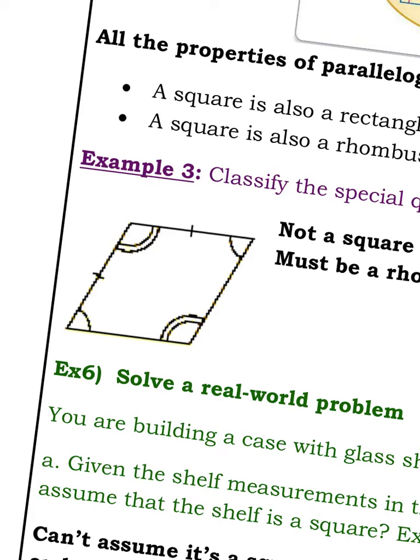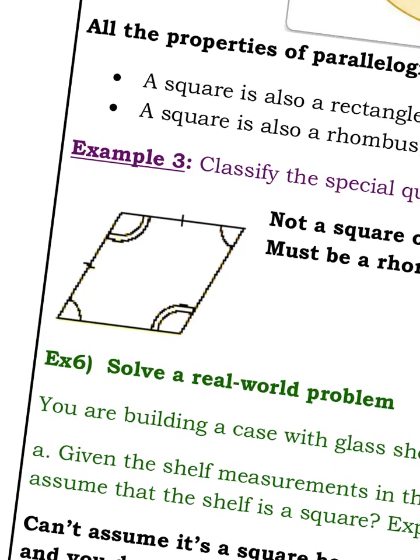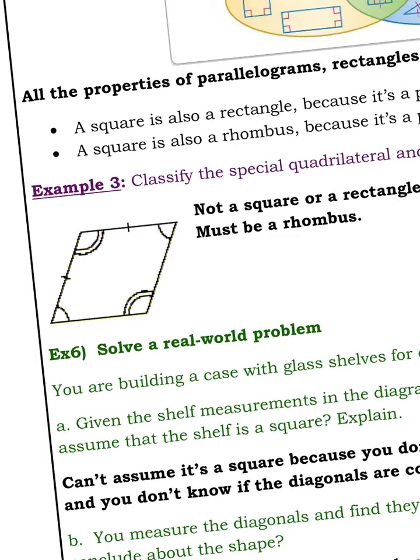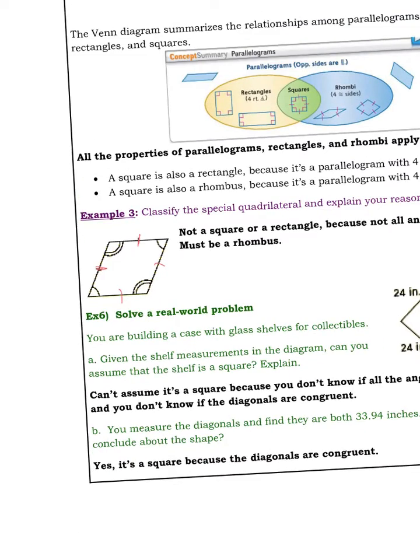And then I see that 2 sides are the same, and so I can say that it's probably a rhombus, because I can probably conclude that these are opposite each other, because if it's a parallelogram, then the opposite sides are congruent, and if 2 of these are already marked, then you know the other 2 are going to be congruent. So that's why I wrote must be a rhombus.